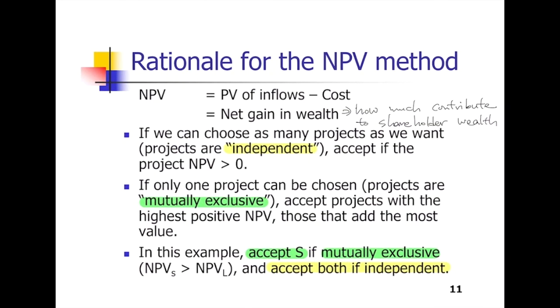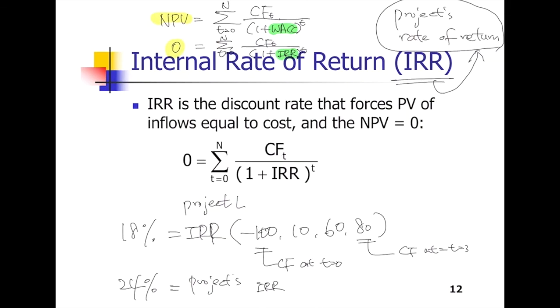Yeah, NPV should be larger than 0. In the IRR case, IRR should be larger than WACC. So in our example, WACC was 10%, right? Both are larger than WACC. It means the project rate of return should be larger than the weighted cost of capital.